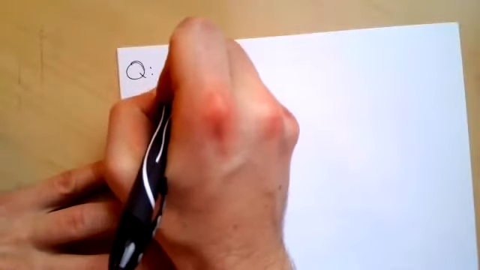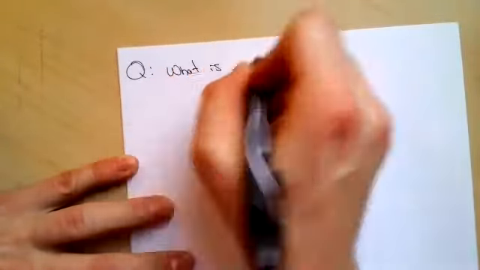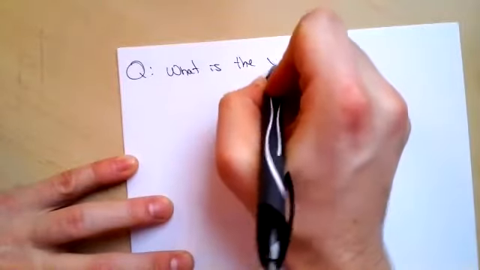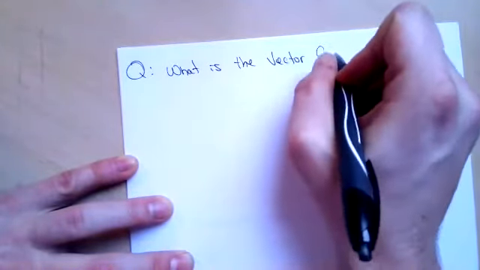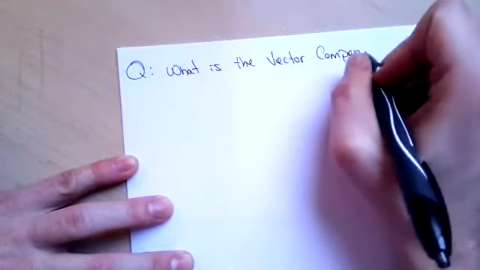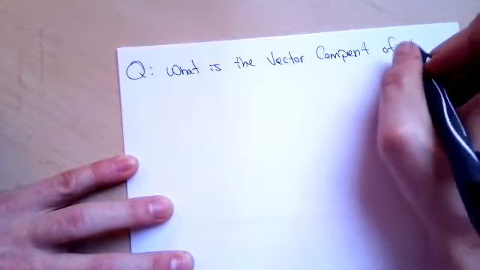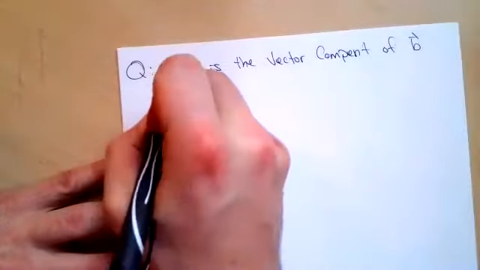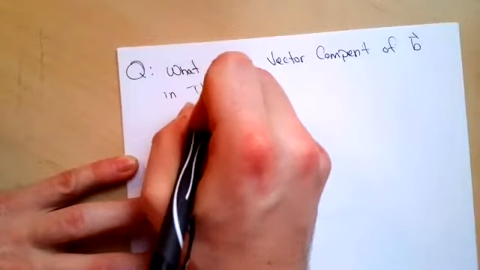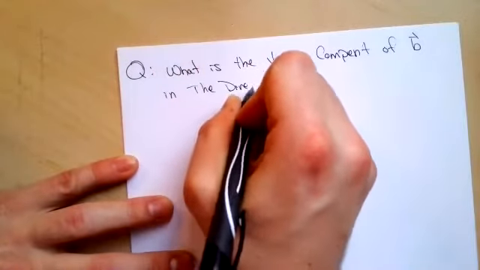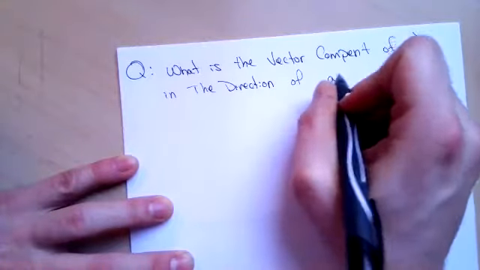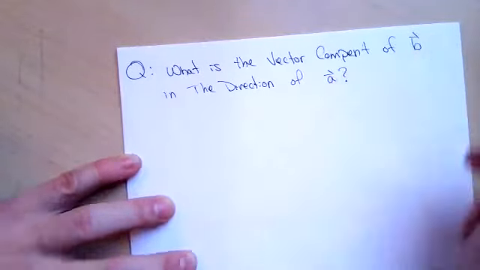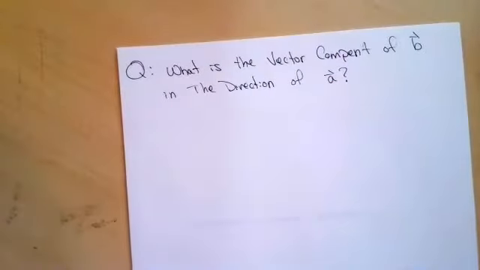Or what is, let's call it, the vector component of B in the direction of A? So how would we find that?